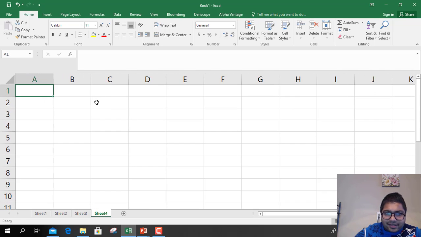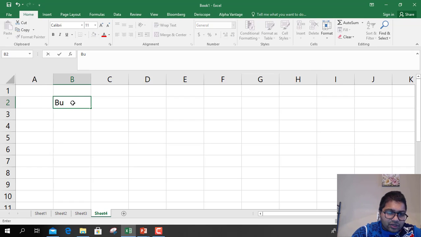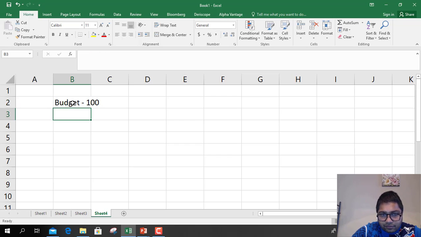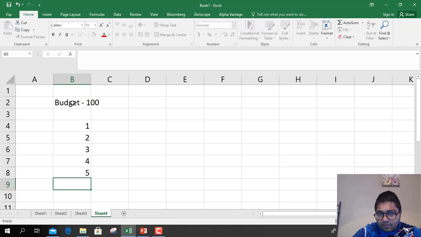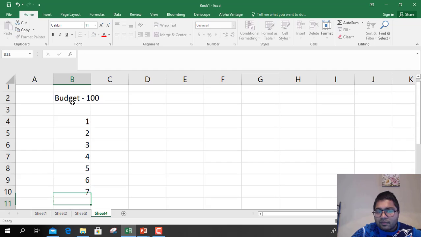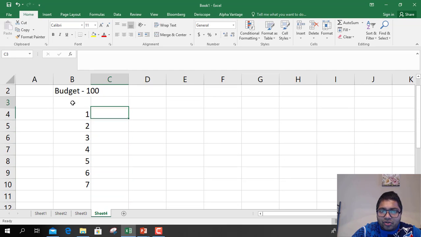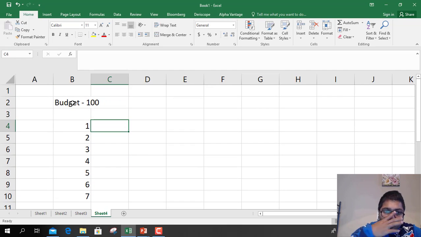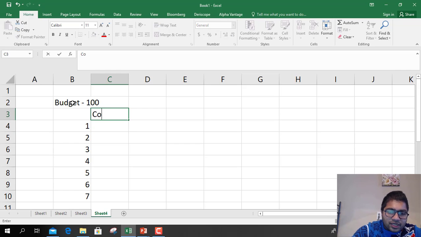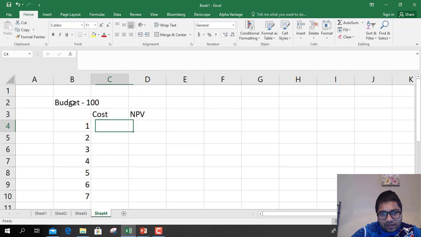So what is profitability index? Suppose you are a CFO, you have a total budget of $100 million. And there are different projects that you can finance, because each department is coming to you for a project. So this is the cost of the project, and let's say this is the NPV of this project which you calculated.